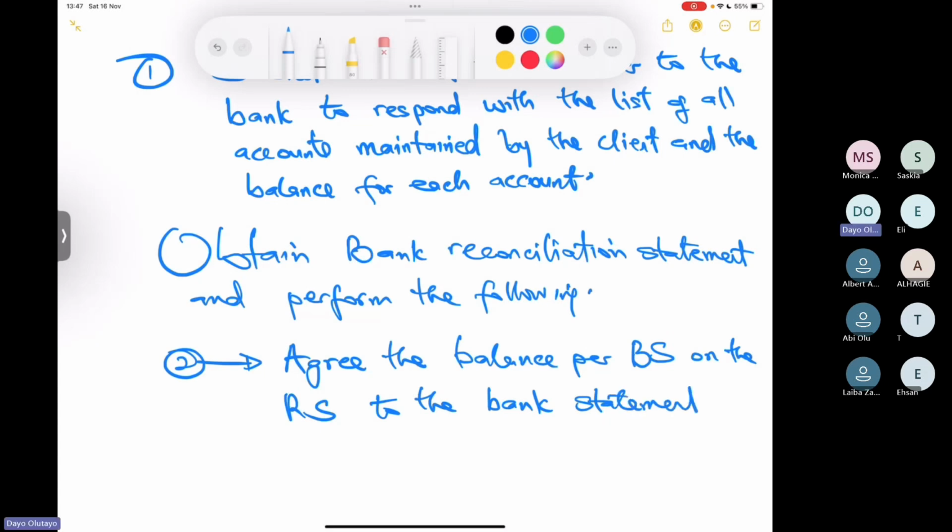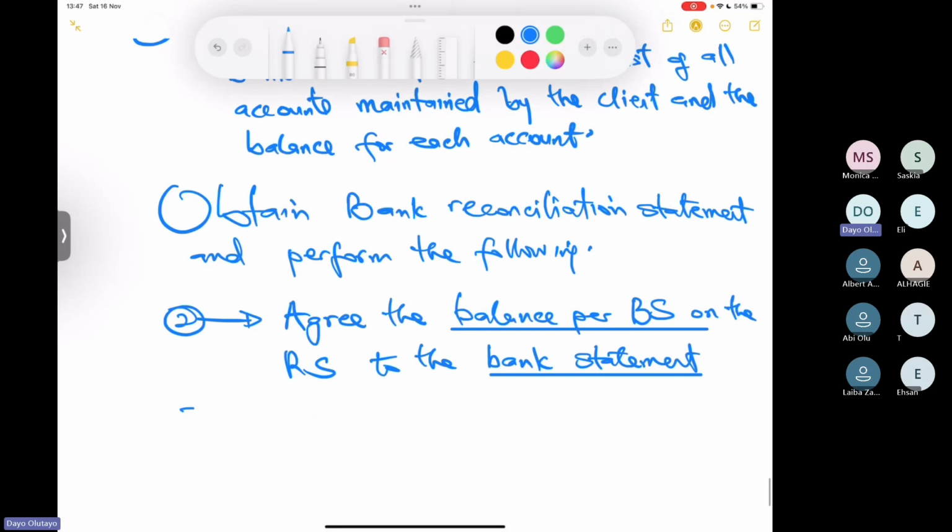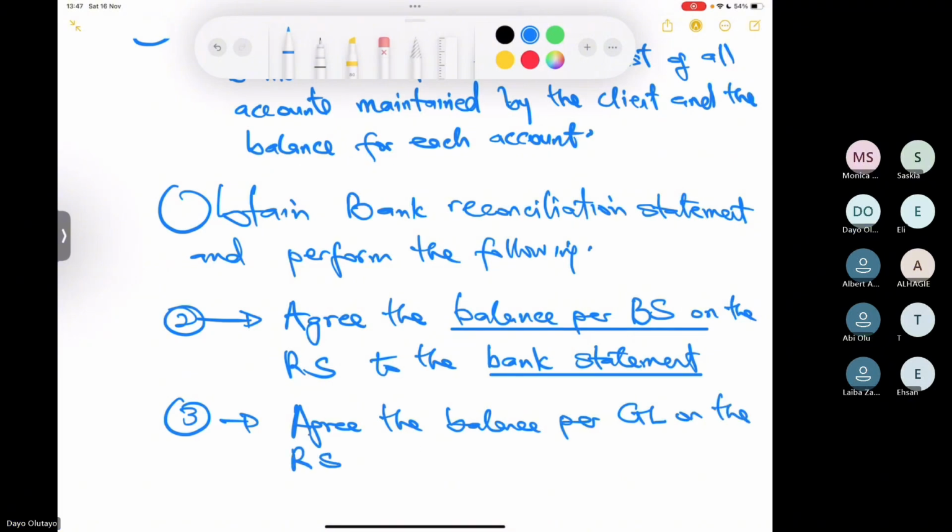Because the reconciliation statement will just state balance per bank statement. But is it the same as the actual balance on the bank statement? Likewise, you need to agree the balance per GL on the reconciliation statement to the actual balance in the GL.